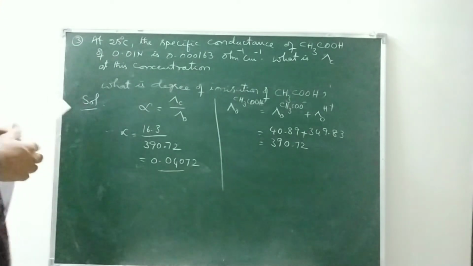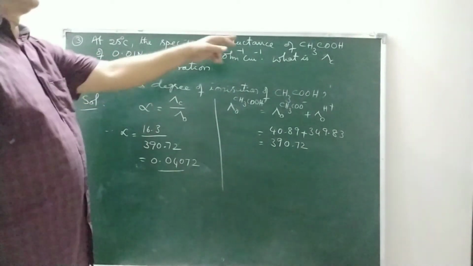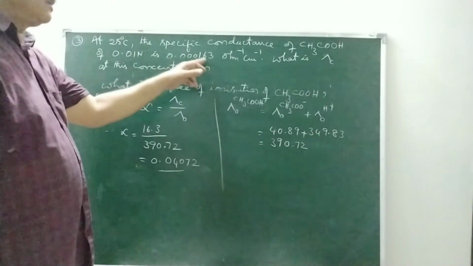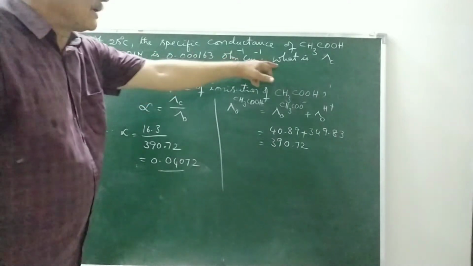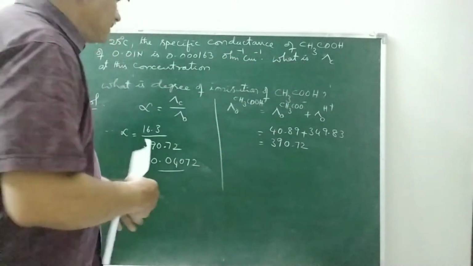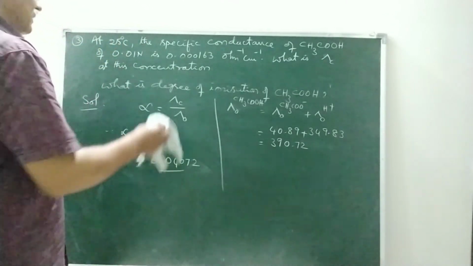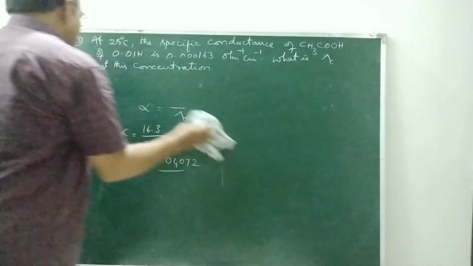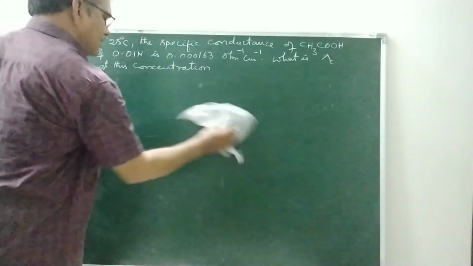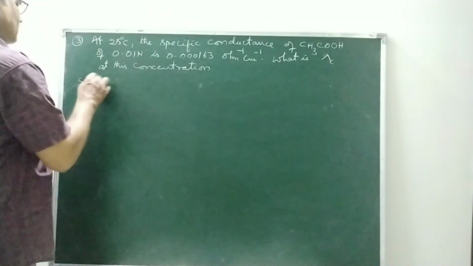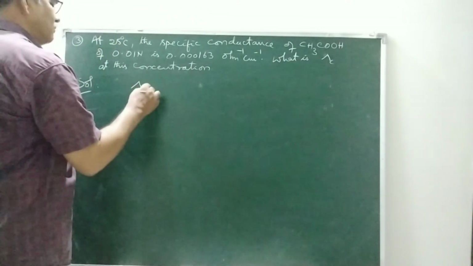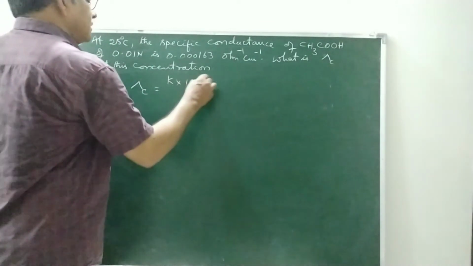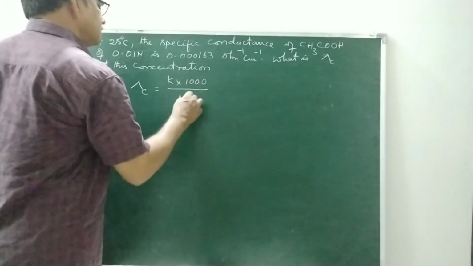Here specific conductance, that is K, is given, 0.30163, and normality is given. We have to calculate equivalent conductance at the given concentration. First we have to remember the formula. Equivalent conductance lambda C is equal to K into 1000 by normality.